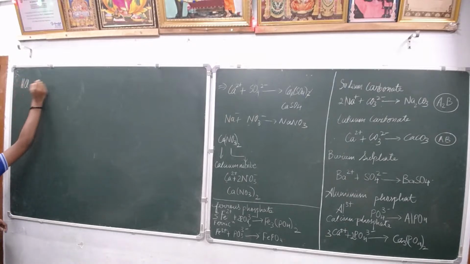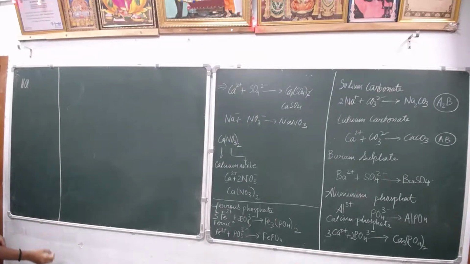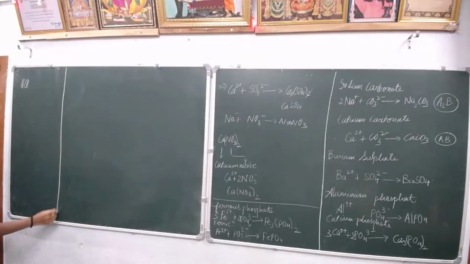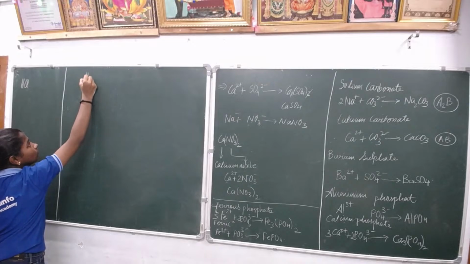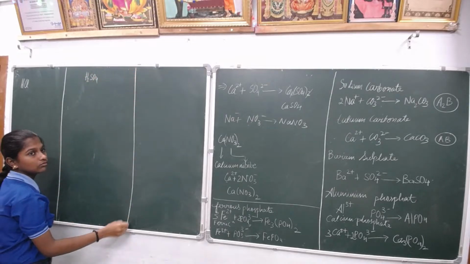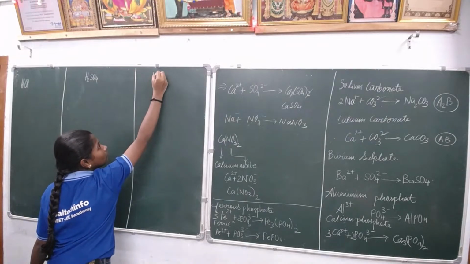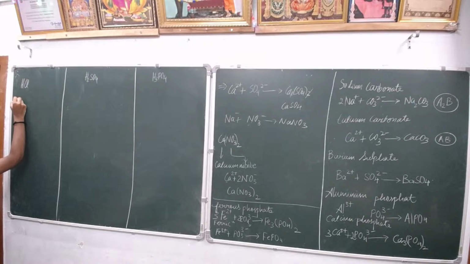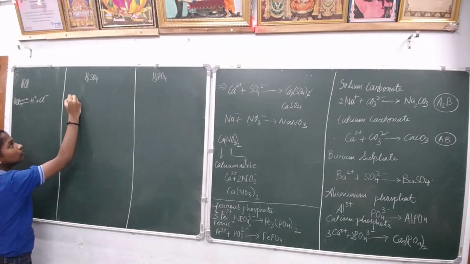So HCl can ionize as H+ and Cl-, whereas H2SO4 in the first stage it can become HSO4- plus H+, and in the next stage HSO4- further releases one H+ to become SO4 2-. So HCl is capable of releasing one H+.